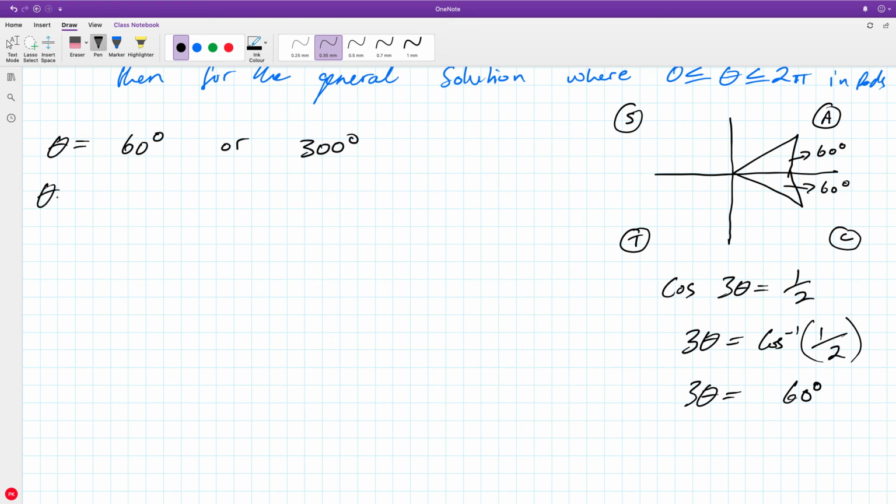So theta in rads is equal to 60 multiplied by pi over 180, pi over 3, or 300 multiplied by pi over 180, 5 pi over 3.